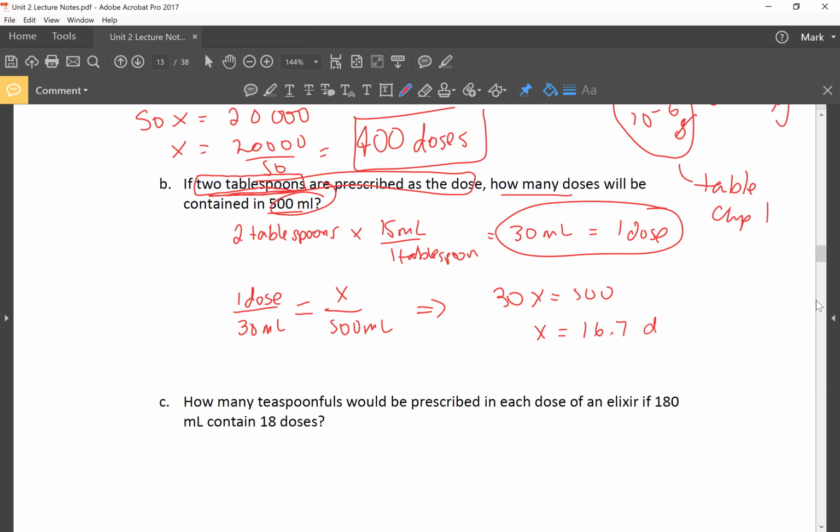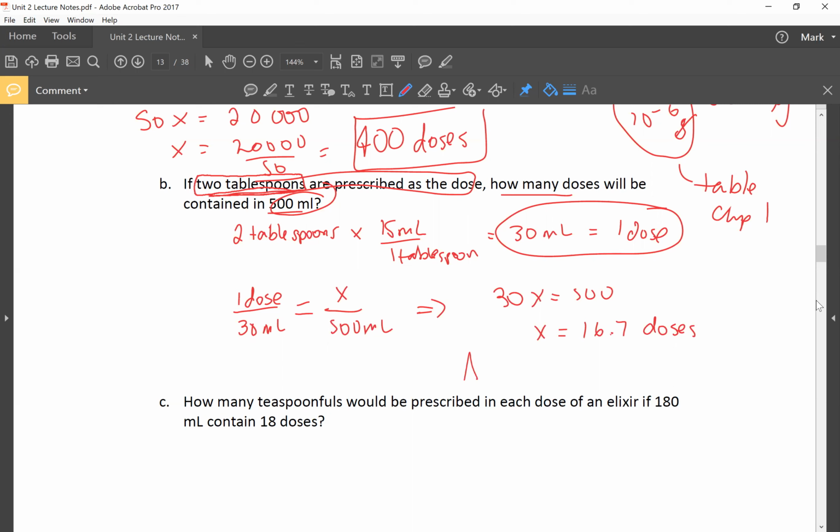Now, this is really interesting, this part. Your mathematical brain is telling you that you want to round up to 17. But think about this in real life. You would actually only get 16 full doses.